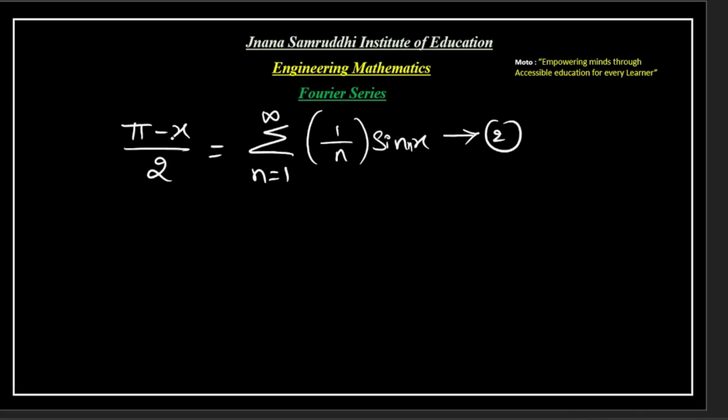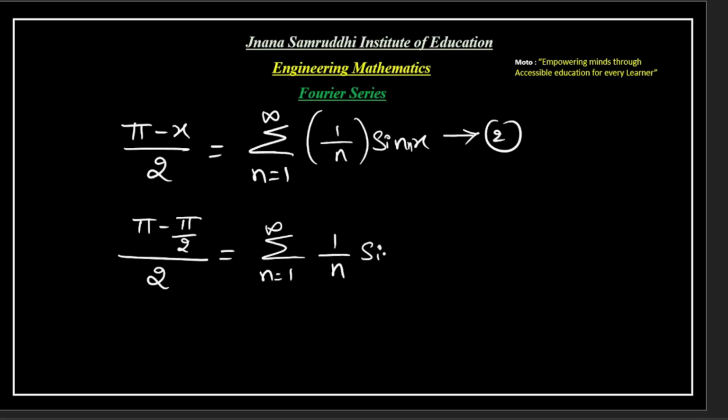In the place of x, if I substitute with 0, the value will be pi by 2, but I want pi by 4. In the place of x, I'll replace with pi by 2. Summation n equals 1 to infinity 1 by n sin n. In place of x, I'll replace with pi by 2. Then here it will be 2 pi by 4, which is 2 pi minus pi will be pi.